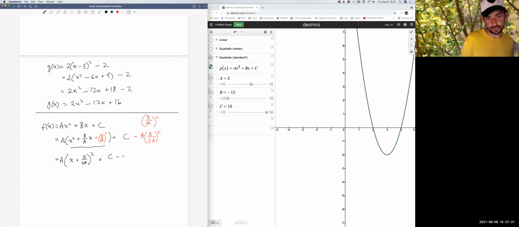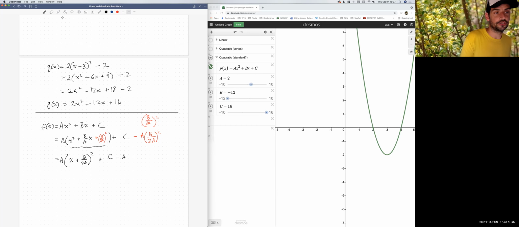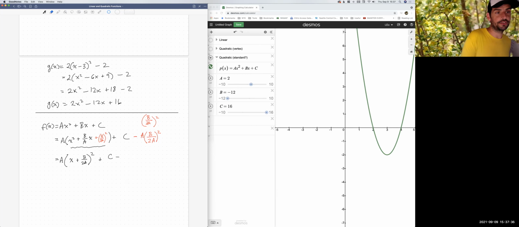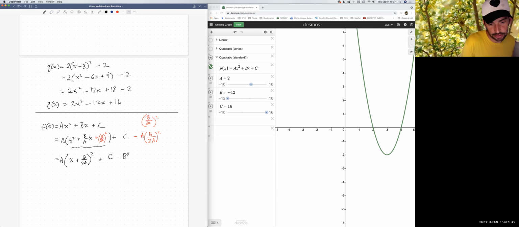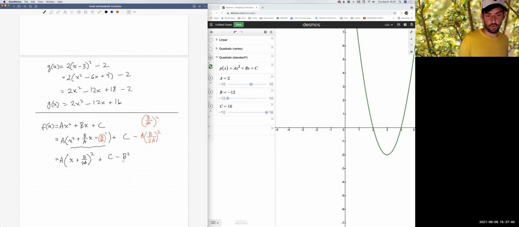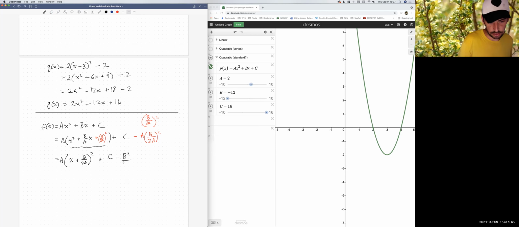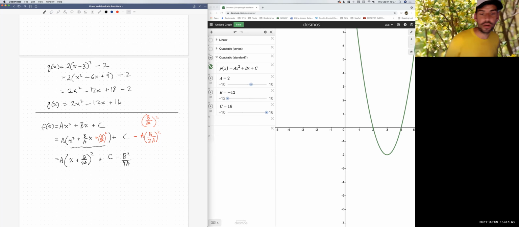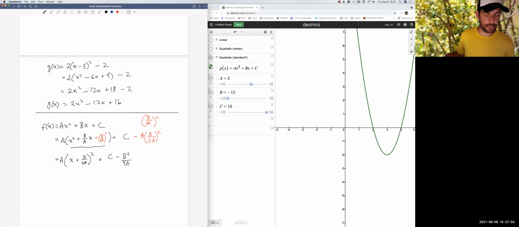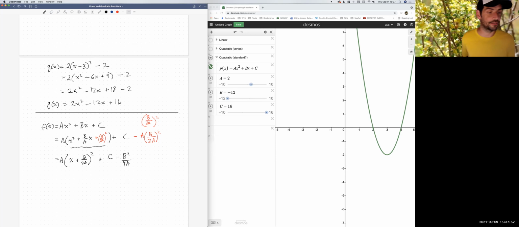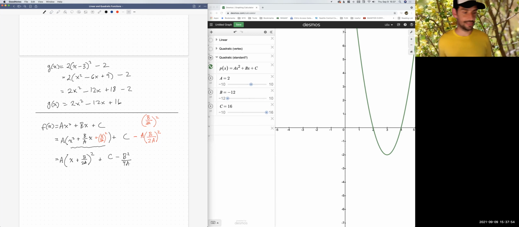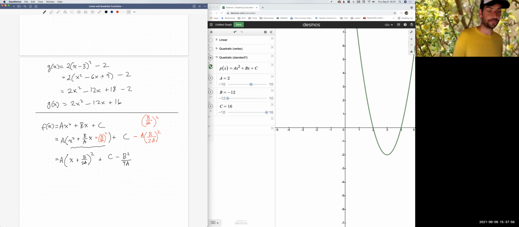And I'm just going to simplify what's going on back here a little bit. If we simplify all this, we'll have a times b squared over 4a. Right? I just squared that quantity and canceled the factor of a. Again, a is not 0, so I'm comfortable having it down there.